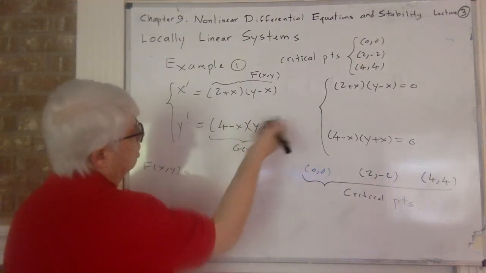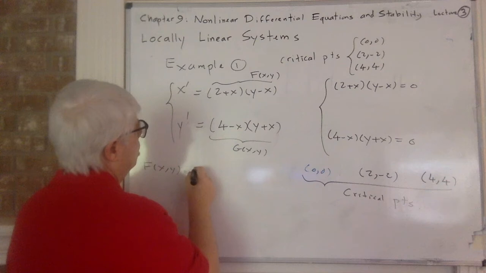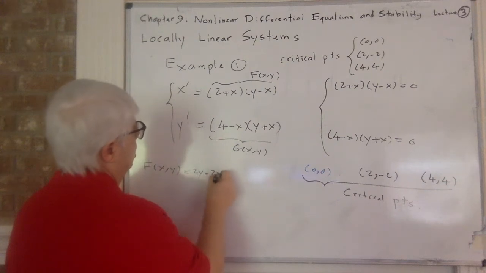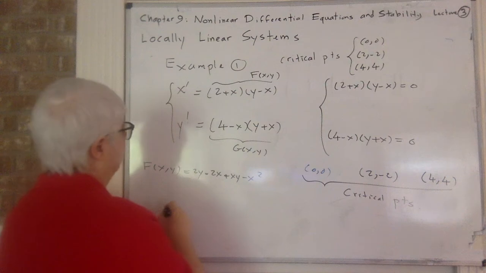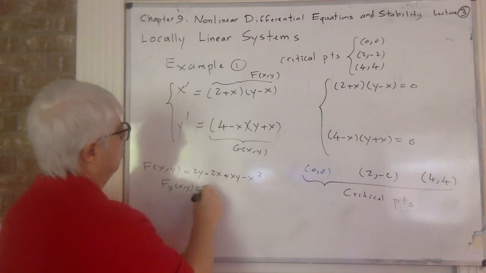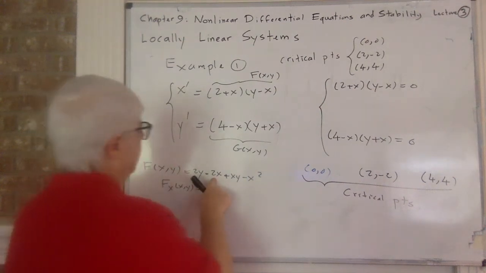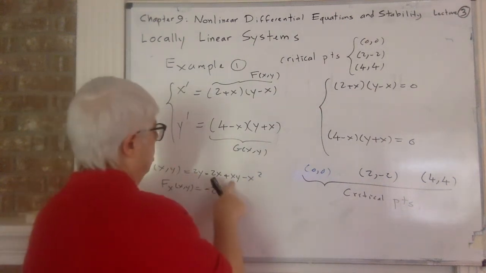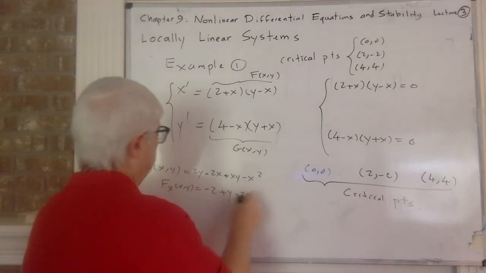You can find it like this, but I actually prefer to do that. Plus xy minus x squared. So f_x(x,y) is the derivative with respect to x. I have a minus 2 here, and plus y here, minus 2x, right?